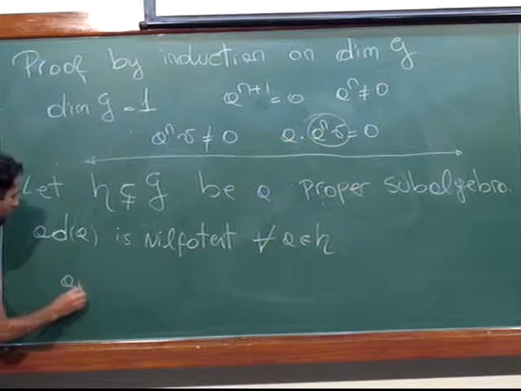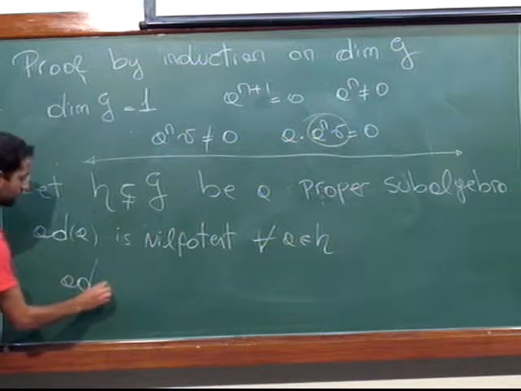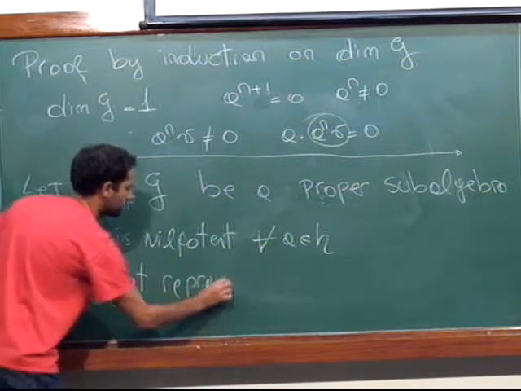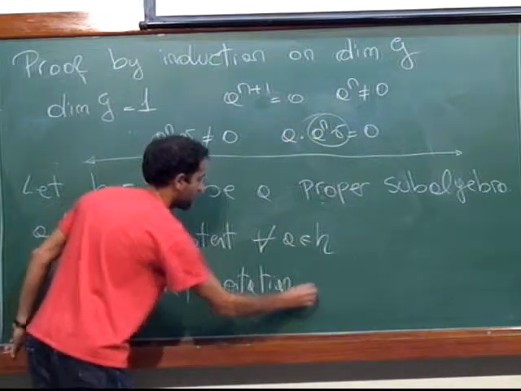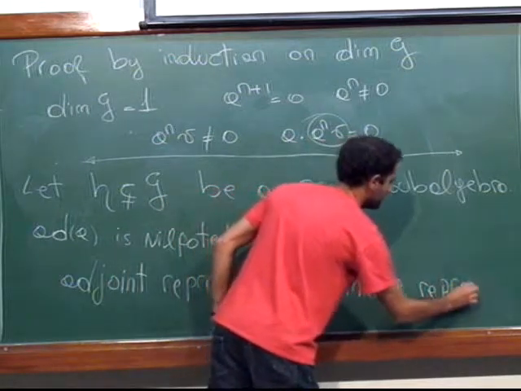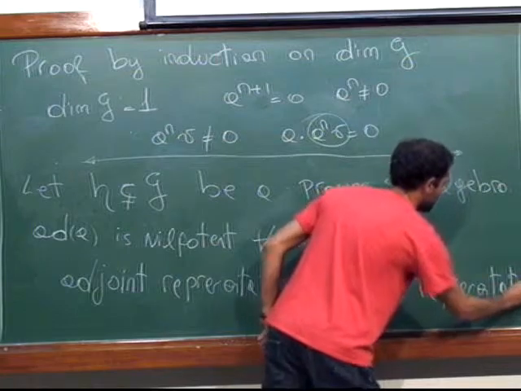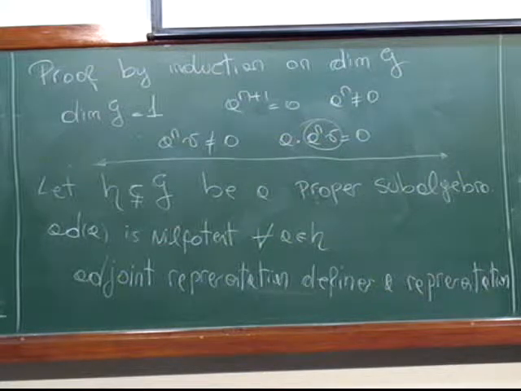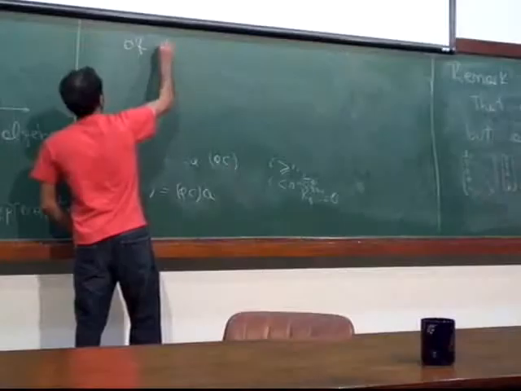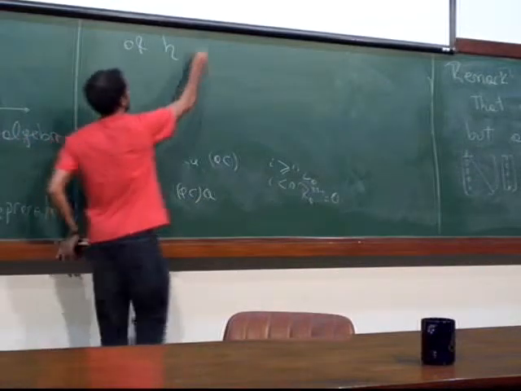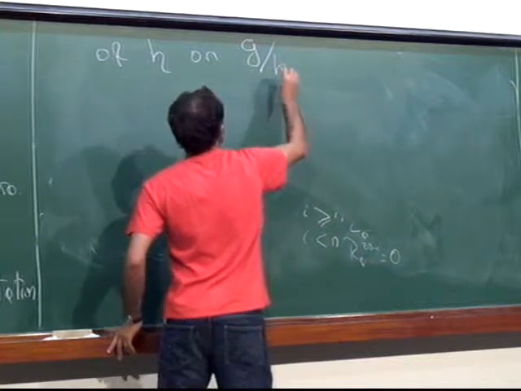So the adjoint representation defines a representation of the same subalgebra H on G mod H, on this vector space.